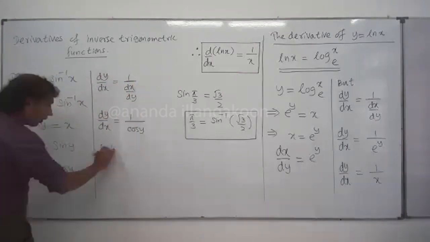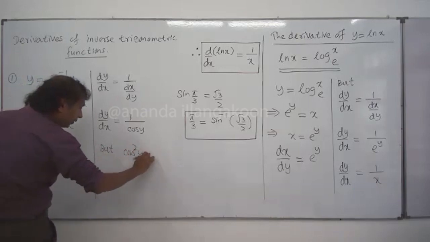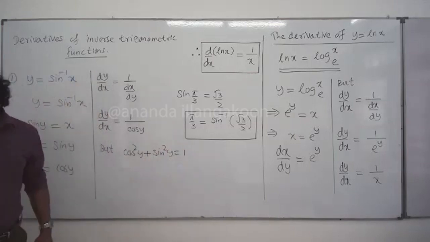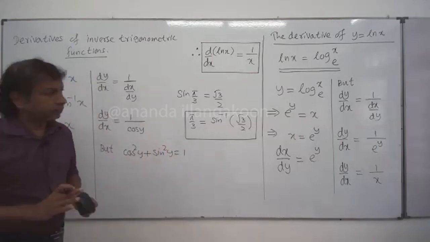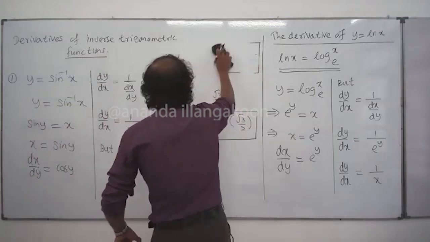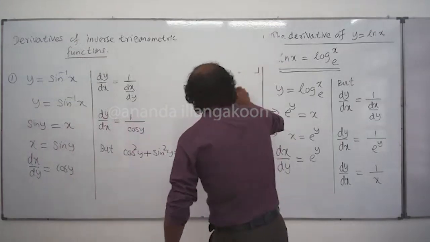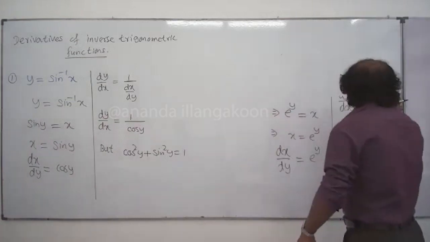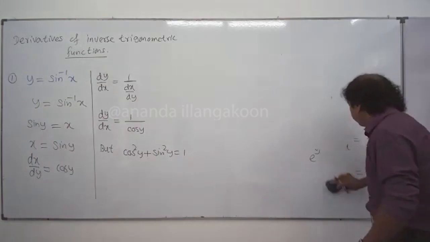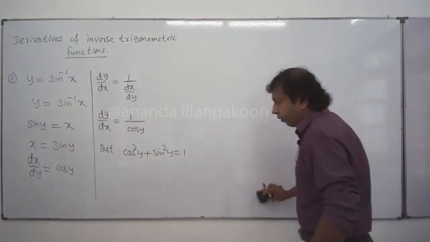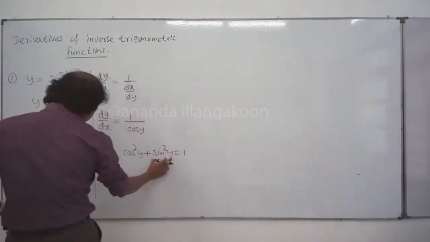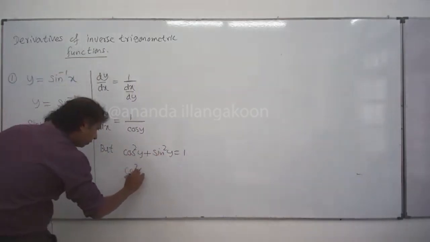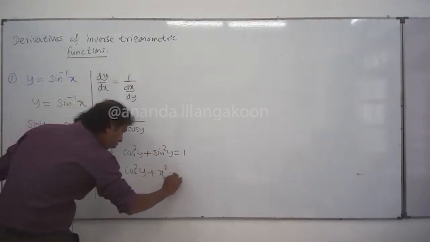But you can write, people, cos squared y plus sin squared y equals 1. Right? Then we can substitute for sin y, because sin y is x, put x here. Then we get cos squared y plus x squared equals 1.